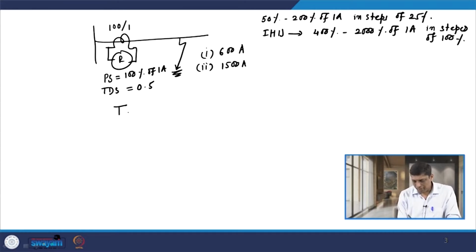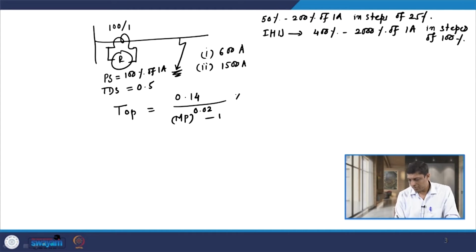In order to find out the time of operation of relay R, we are going to use the formula: 0.14 divided by the multiple of pickup current raised to 0.02 minus 1, into the TDS of relay R. Now, as the TDS and the plug setting of the relay are given, we need to find out the multiple of pickup current.